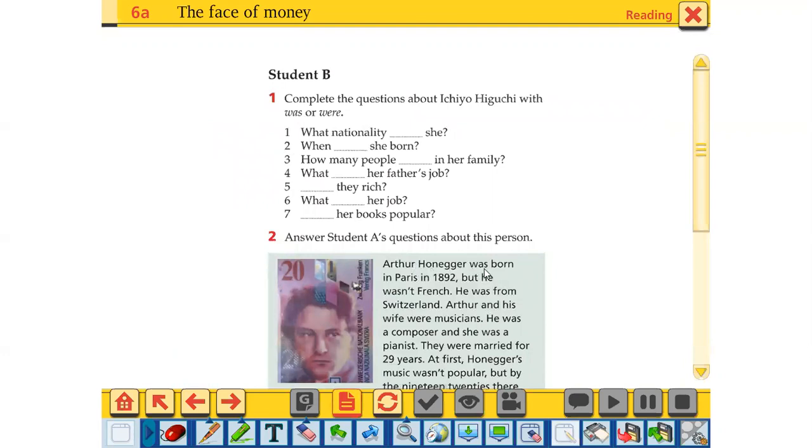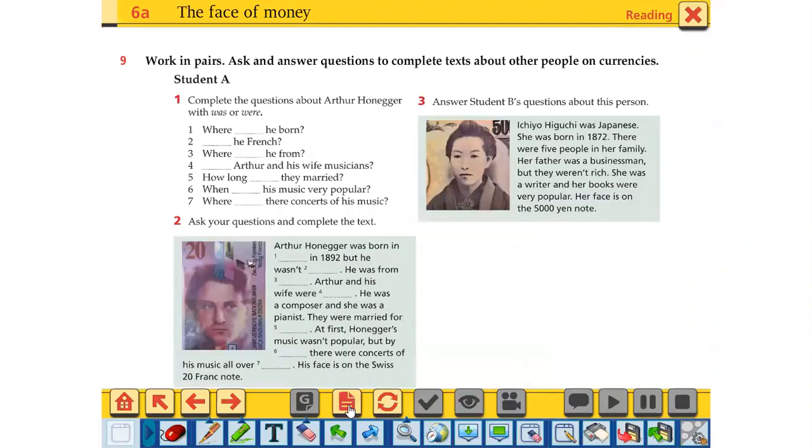Arthur Honegger was born in Paris in 1892. But he wasn't French. He was from Switzerland. Okay. Here is was or were.